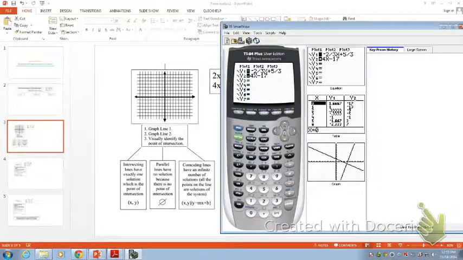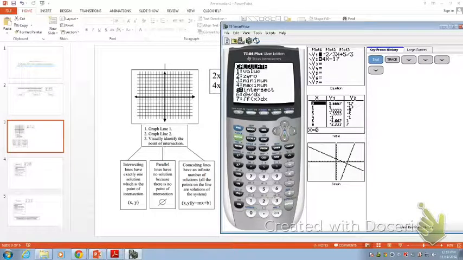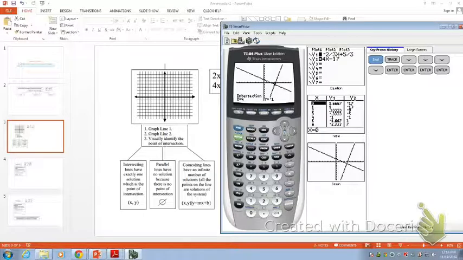In order to do that, we're going to go to our calc menu. So we're going to hit second, trace. That pulls up our calc, and you see that number 5, so I'm going to scroll down to number 5, that is intersection. So we hit enter, and there we have our first curve, we hit enter, our second curve, we hit enter, very similar to when we were finding minimum and maximum, and then we take our guess, and then we hit enter one more time, and there we have our intersection.